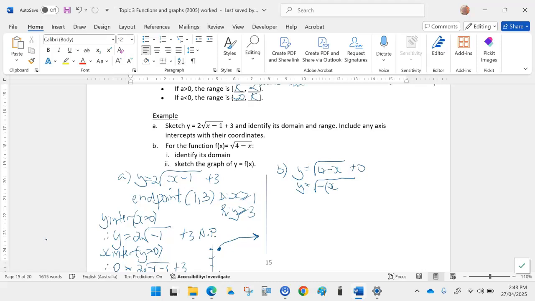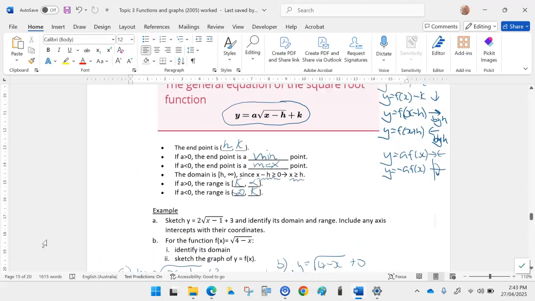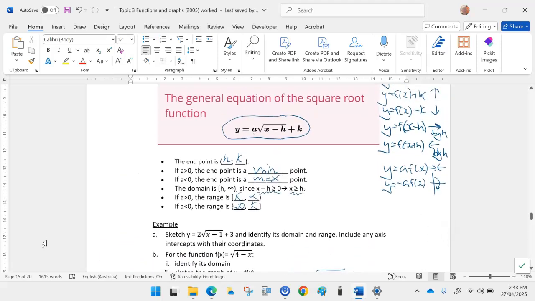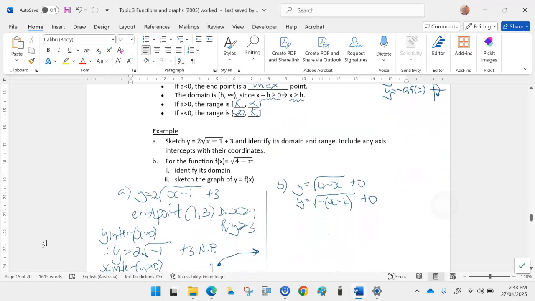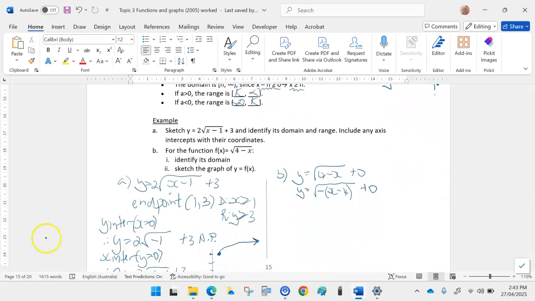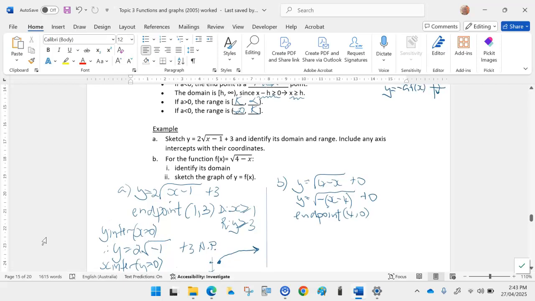So I'd end up with the square root of negative (x minus 4), and I've still got a plus 0 there. But by doing it this way, I can recognize what the endpoint would be, because now I can compare it to this version of the general equation at the top. So there's a negative at the front, but it doesn't matter. The endpoint, I can still say, is going to be (4, 0).